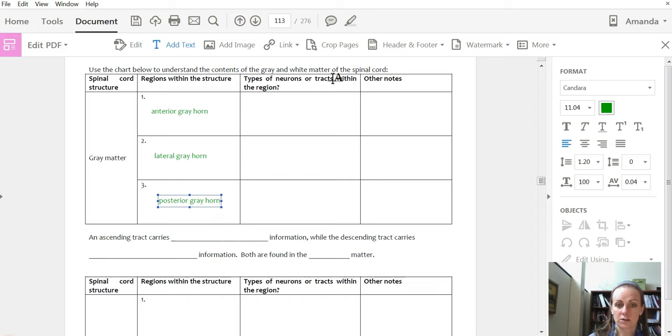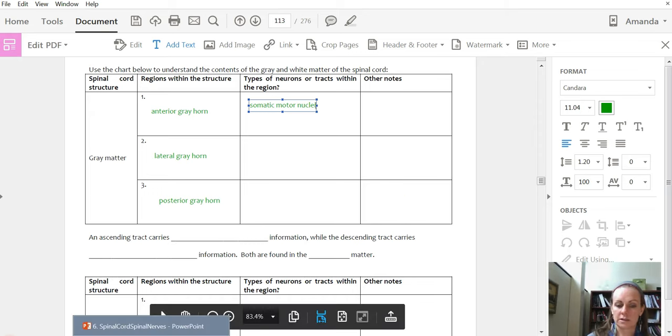Well, we haven't talked about tracts, so it's neuron. Okay, and so for anterior gray horn, I'll get you started on this one. It is the somatic motor nuclei. Okay, and I'll let you fill these others in based on the information we just talked about. If there's other notes that you need to help you remember this, put them here. That's what that space is for.